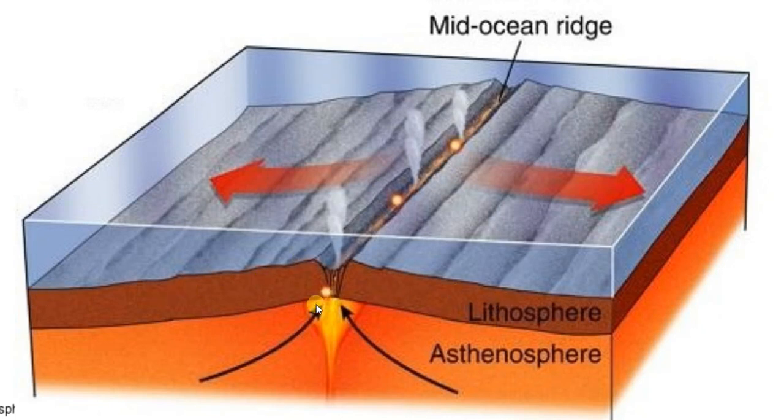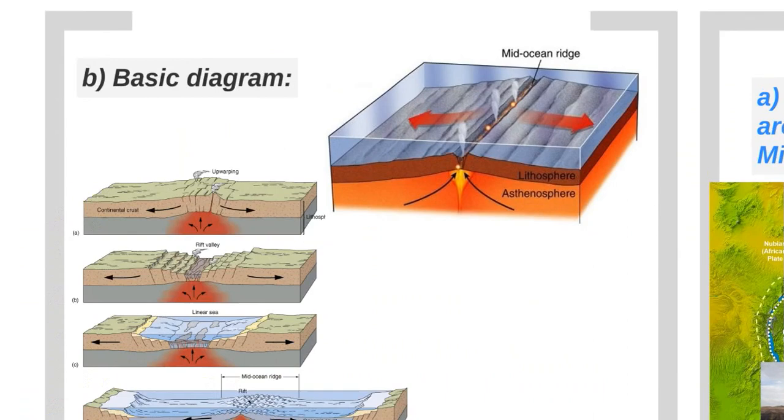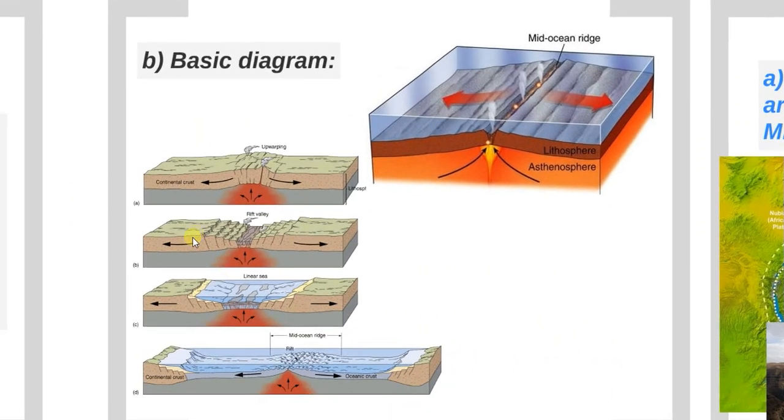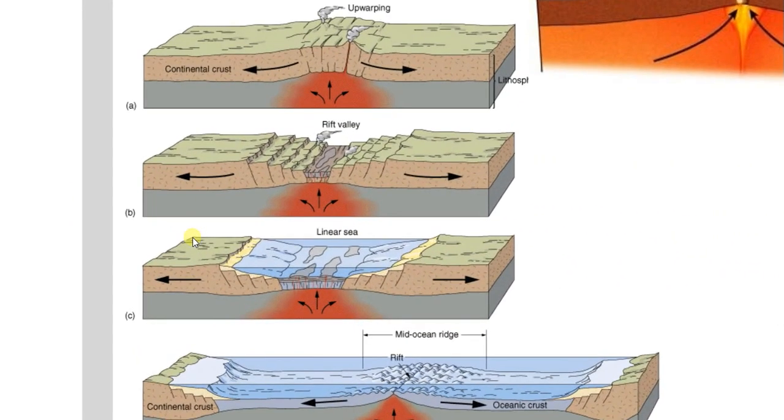Now, here's a diagram. You don't have to put both of these in here, but you might want to for fun. This would be an example of what continental rift valleys look like. So remember, the continent is much thicker than oceanic crust. This is a closer diagram, but what happens is we start to have basaltic lava coming out. We have these volcanoes.